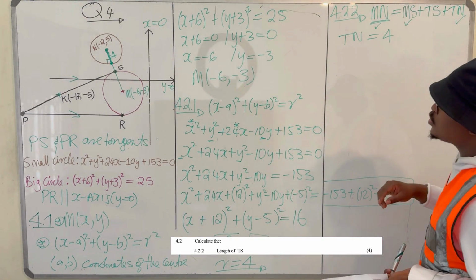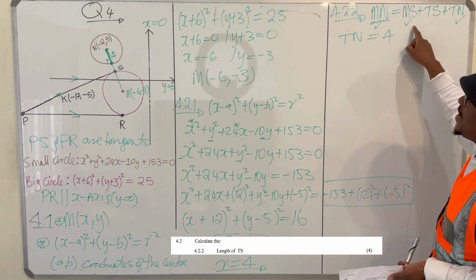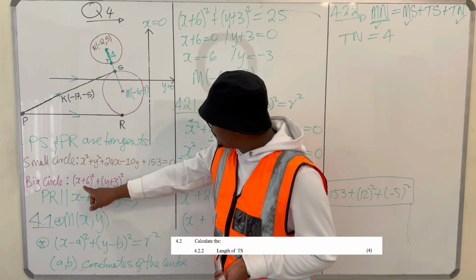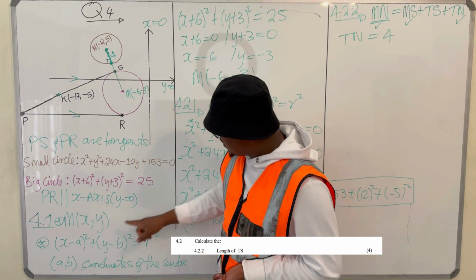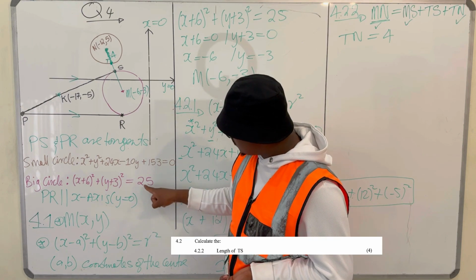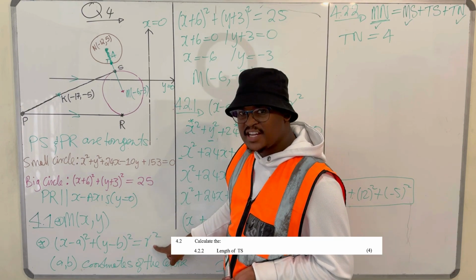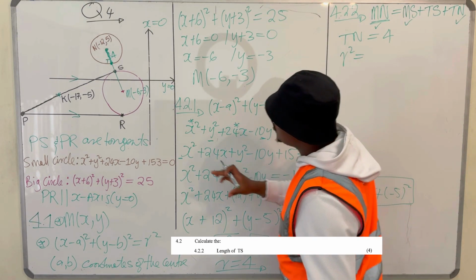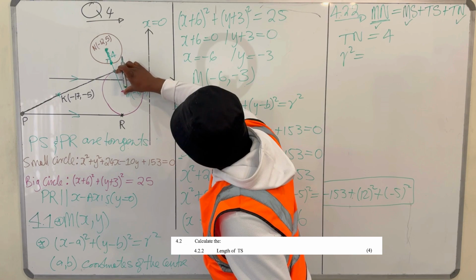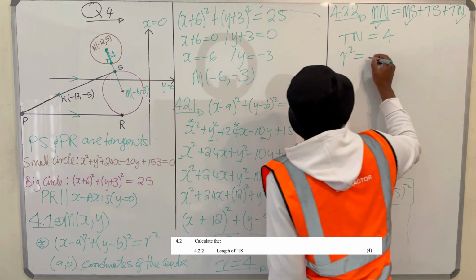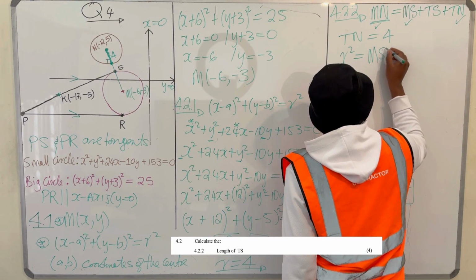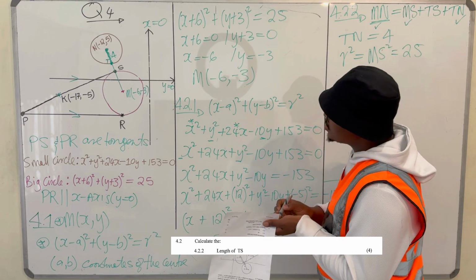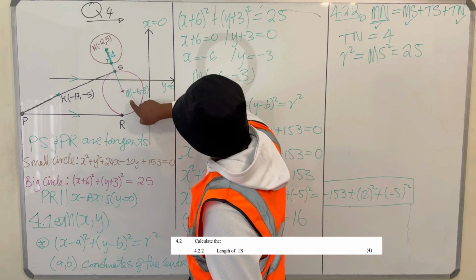So we can also find ms. Let's go and find ms. Ms is the radius of the large circle. So this shape is exactly this shape here. 25 is the square of the radius, which is the square of ms, and is equal to 25.